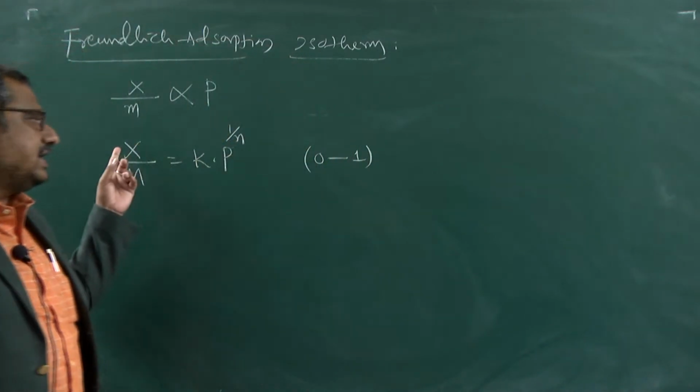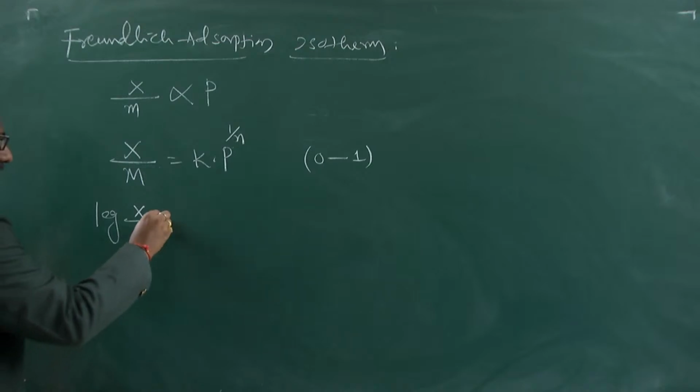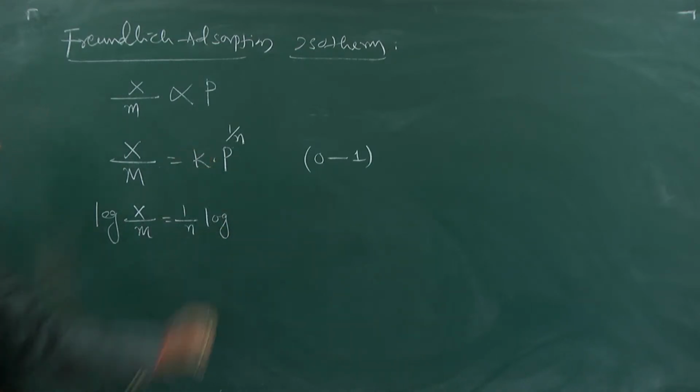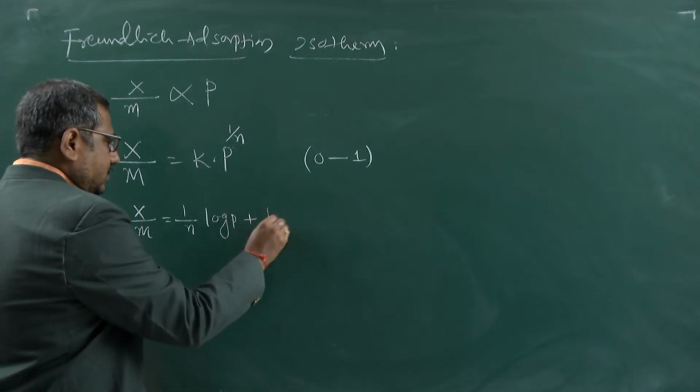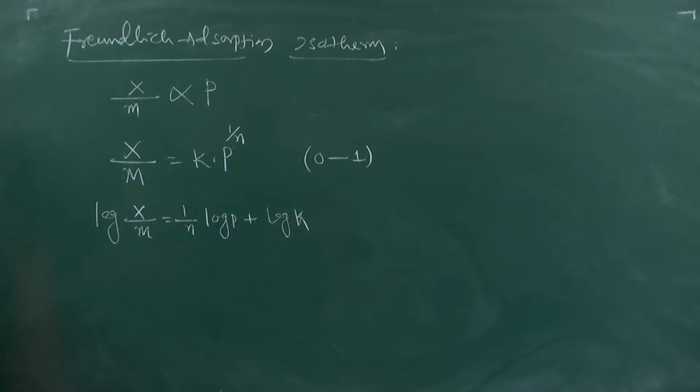So X mass of the gas is deposited on M mass of the adsorbent. Removing the proportionality sign, X by M is equal to K into P to the power of 1 by N. Taking the logarithm, log X by M is equal to 1 by N log P plus log K. This is according to the y equals mx plus c condition.